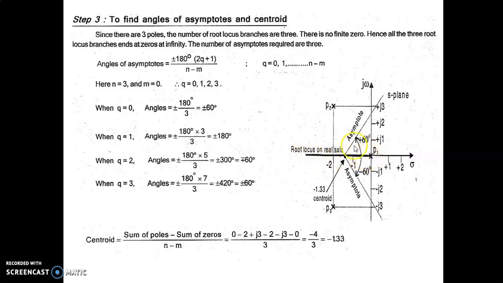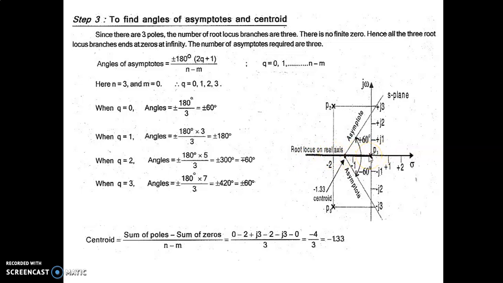On the negative real axis, you take any test point and see, to the right of this point, how many poles or zeros there are. The sum of the poles and zeros to the right of that particular test point, if it is an odd number, it is a part of the root locus on the real axis.